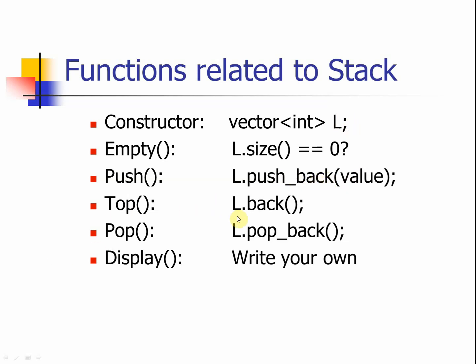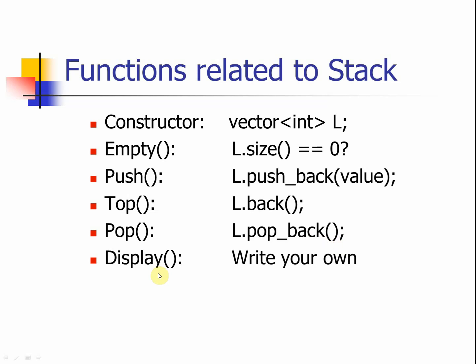Top is simply to output L.back(), which will give you the very last element that you have pushed into it, and that's the top function. To do pop, it's again the same thing. L.pop_back(), with a parenthesis without any parameter, because there is only one place you are able to pop things out, which is the last location.